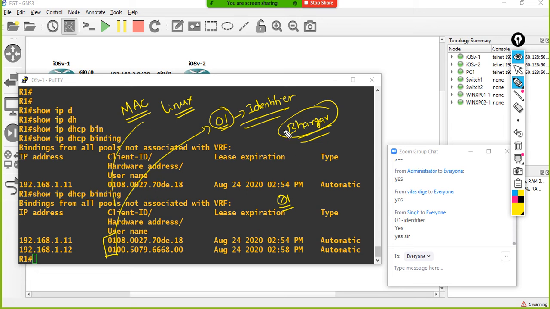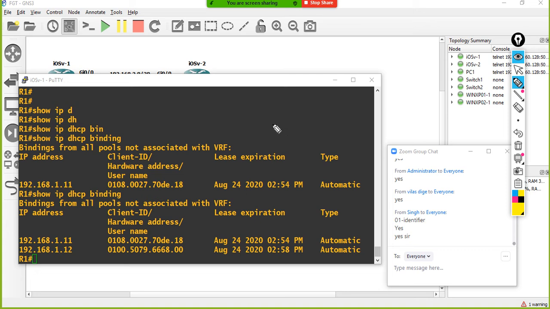Day before yesterday I asked one question to Bhargav. Do you remember it, guys? If you are giving interface GigabitEthernet 0/0 the IP address 192.168.1.1, can I give the subnet mask as 255.255.255.255?